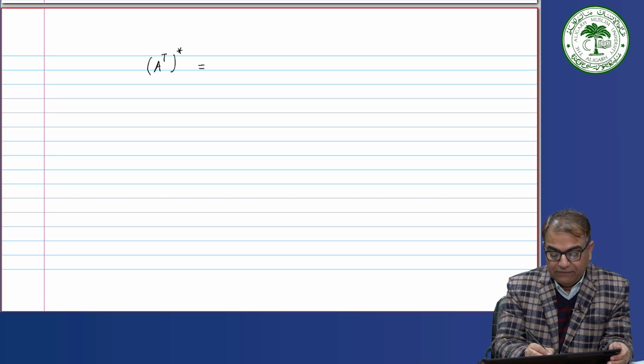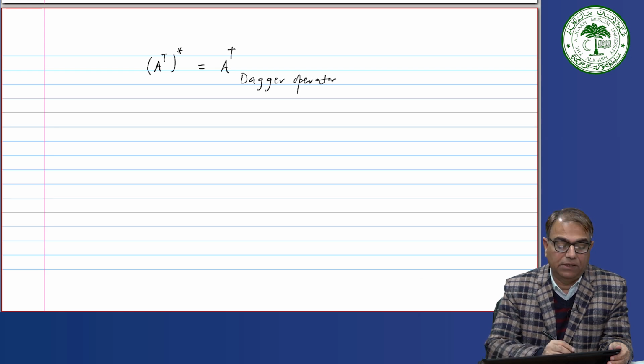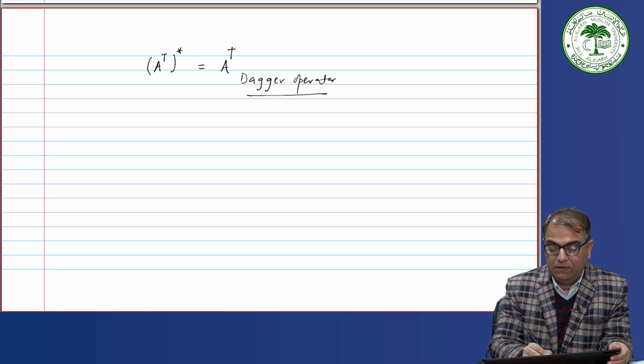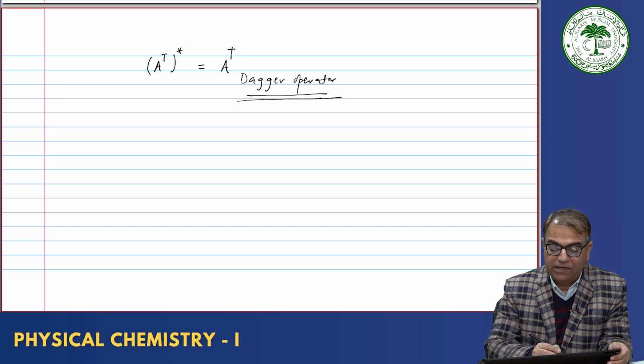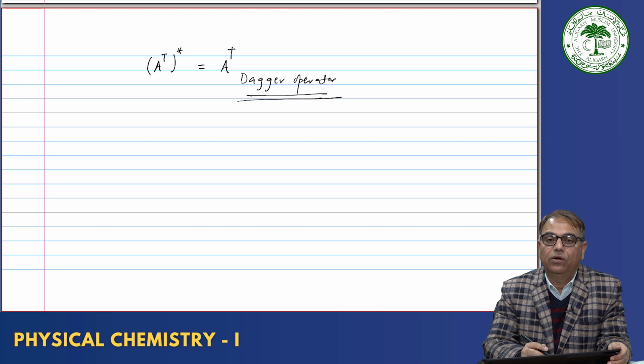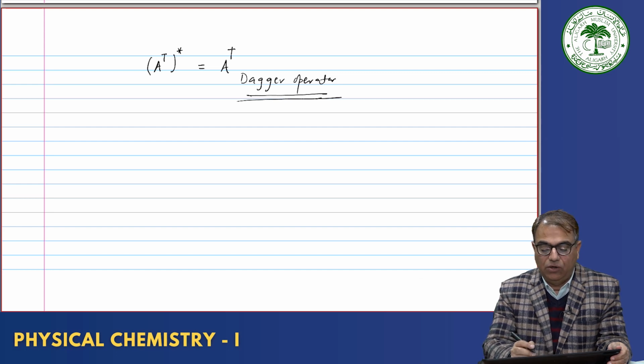Then we give a new symbol to this one, dagger, and this is called the dagger operator. If you understand this dagger operator, then it is very easy to find out whether a given operator is Hermitian or not. Okay, let's see how to do it.